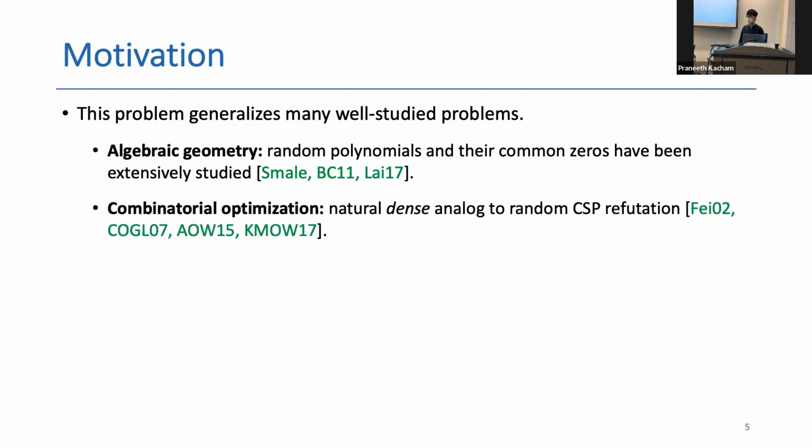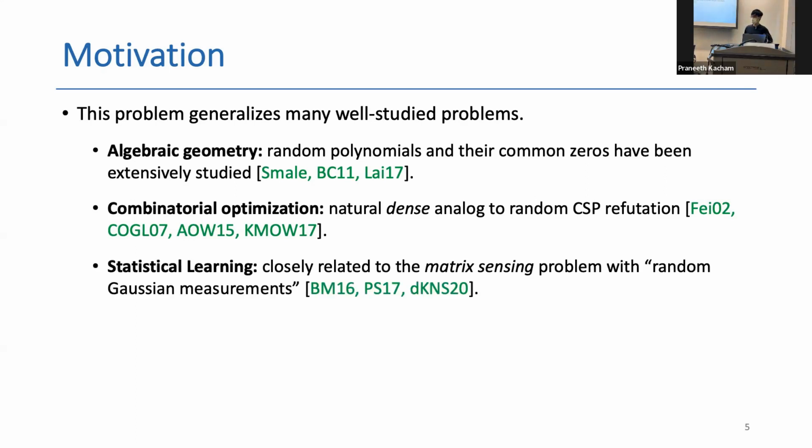In combinatorial optimization, you can think of our random system as a dense analog of random CSP refutation. The normal CSP refutation that we're more familiar with, like random max cut or 3-SAT, is sparse in the sense that each polynomial has just a constant number of monomials. But here our polynomial is dense, where it has like n squared, or all the monomials present. So it's a natural dense analog.